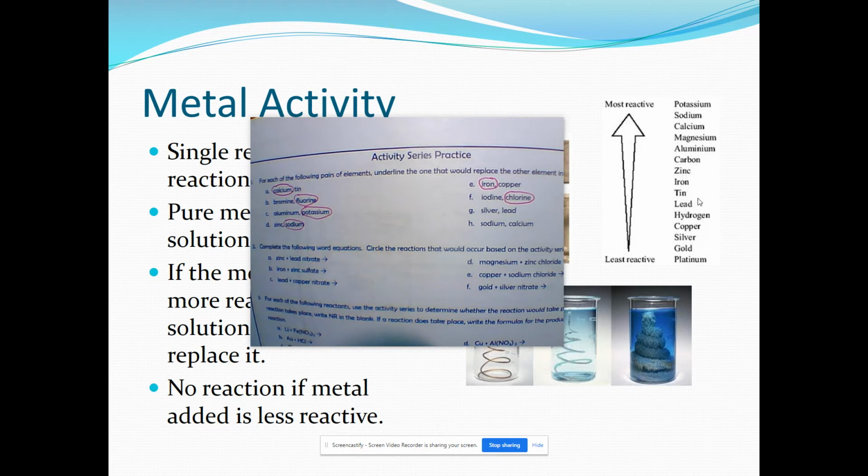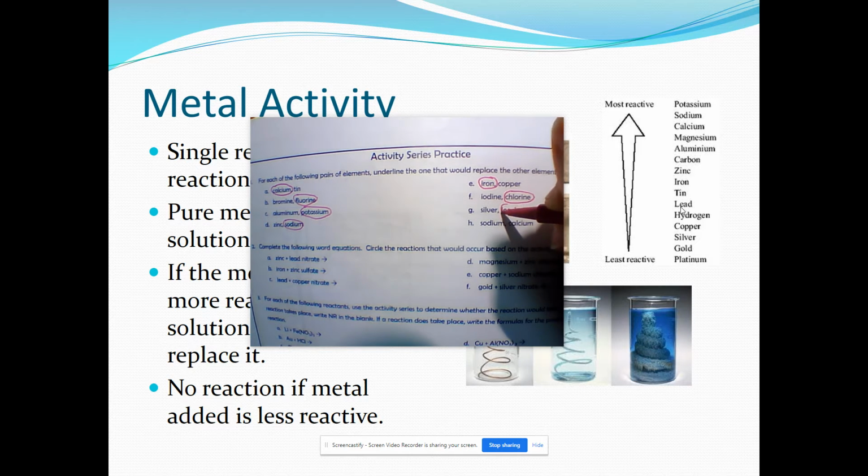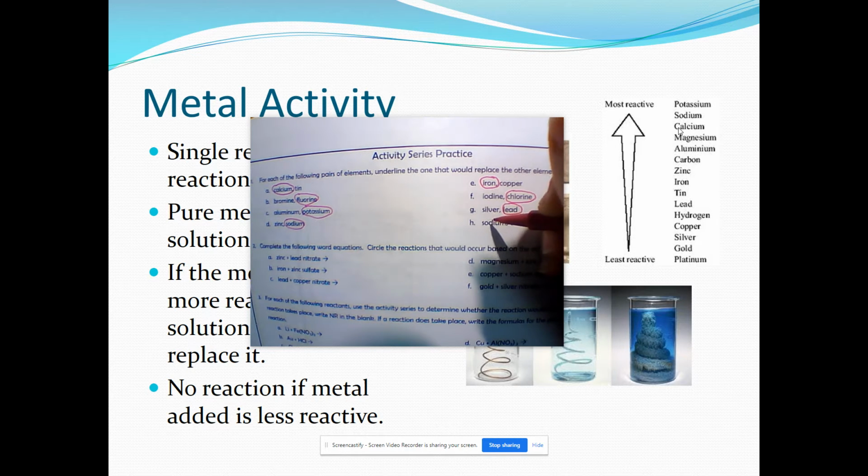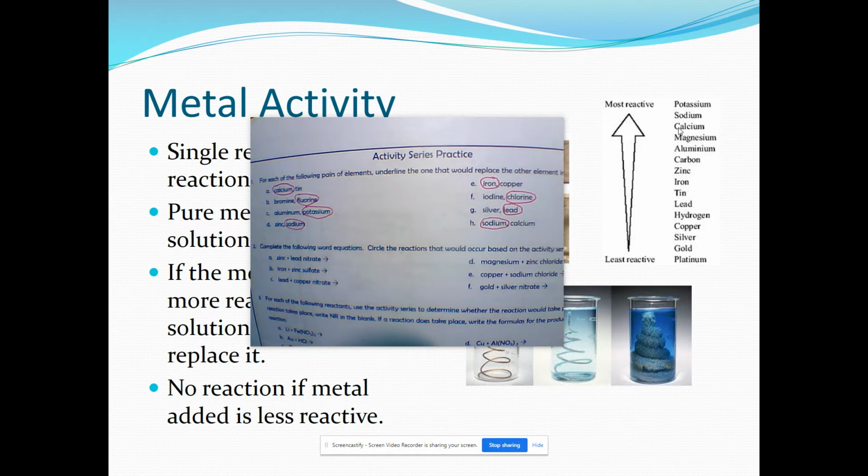Silver versus lead. So silver is way down here, lead is up here. So lead will react. And then sodium compared to calcium. So sodium is up here, calcium is up here. So sodium is more reactive. Okay, so again, it's just whichever one is higher up on that list.